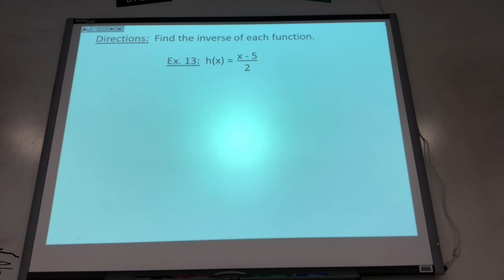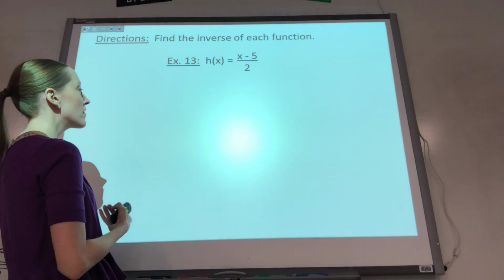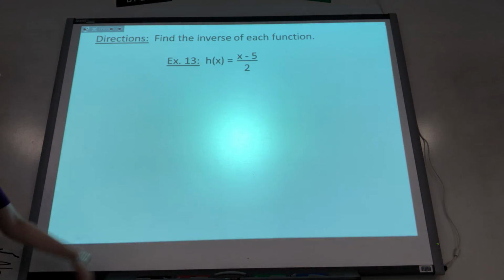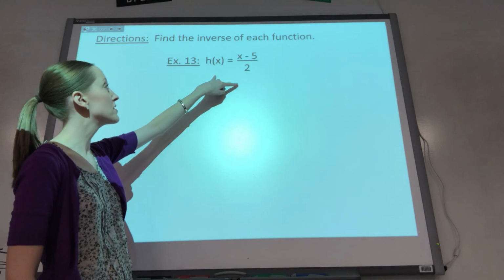So, for example, number 13 on the day, h of x equals x minus 5 all over 2. You should have some steps in your notes about finding inverses, so that wouldn't be a bad thing to put on your cheat sheet for tomorrow.